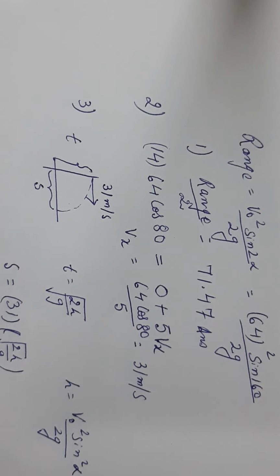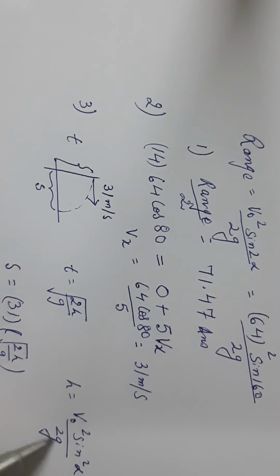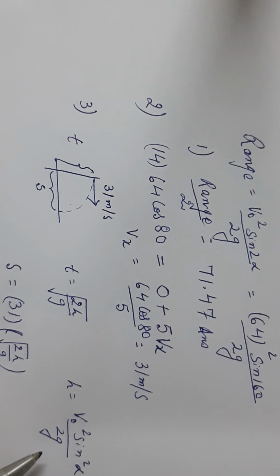This is for the second particle. When we put in the values, h is v naught square sine square alpha by 2g. We know the value of alpha, 80. We know the value of v naught, which is 64. For g, if it's not indicated, we go by the supposition of 10. If it's indicated, we take 9.8.